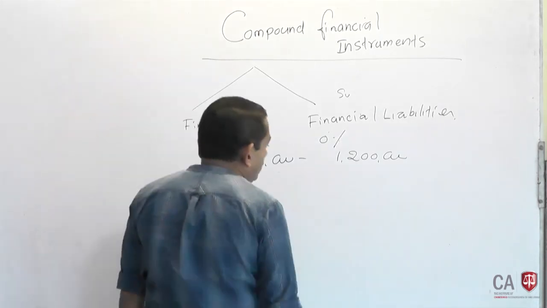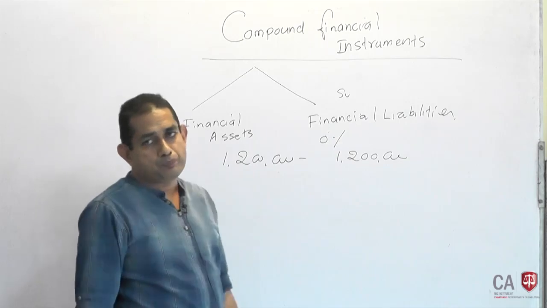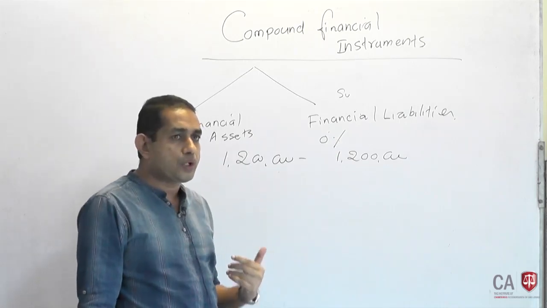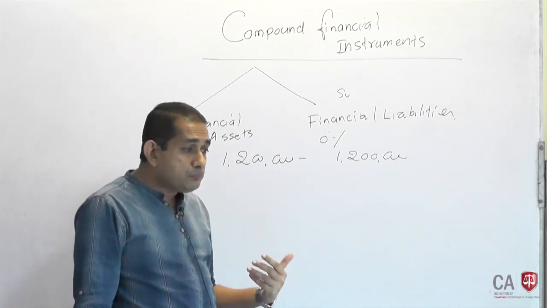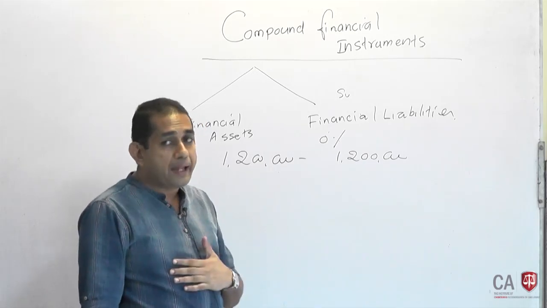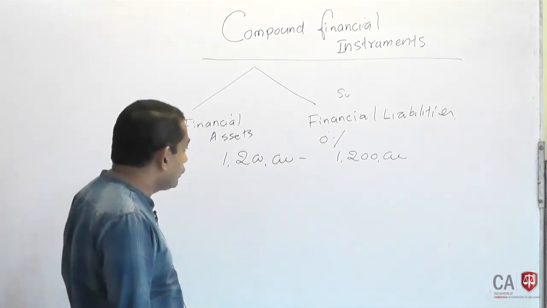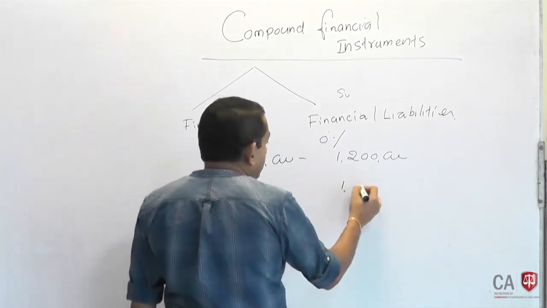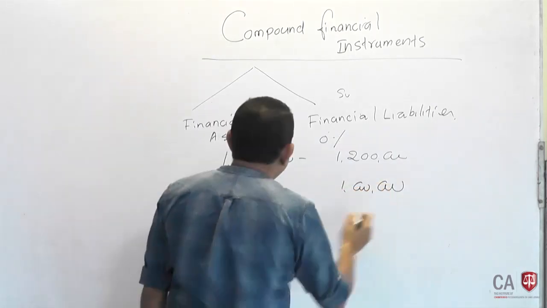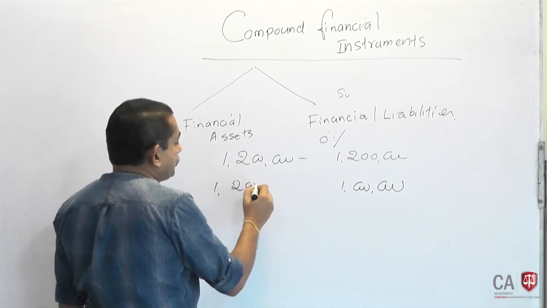Here, the government is now playing two roles. What are these two roles? The government is now acting like a banker and giving us a loan of 1 million rupees, expecting 1.2.